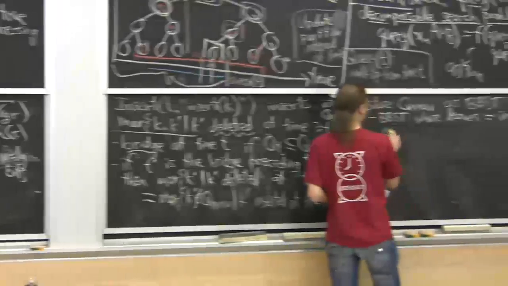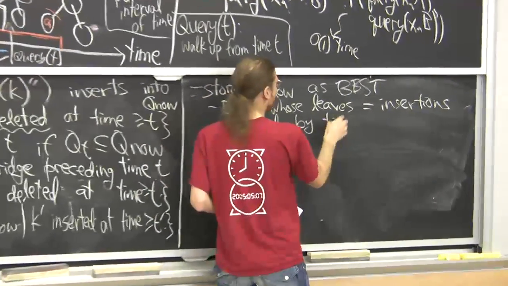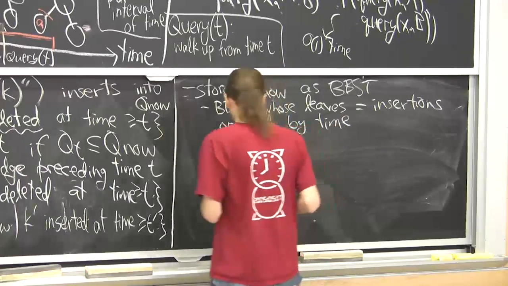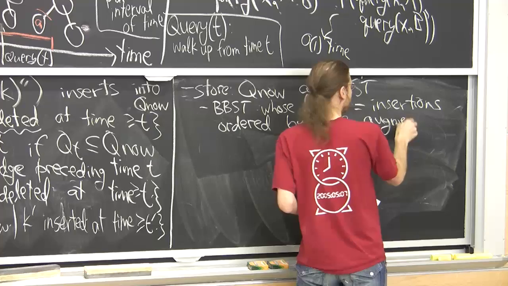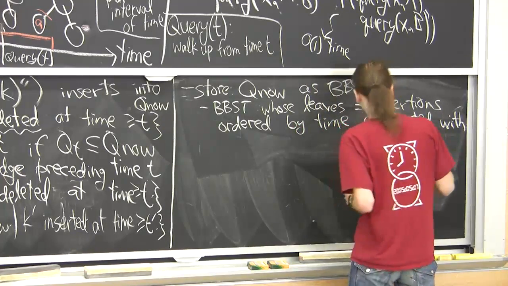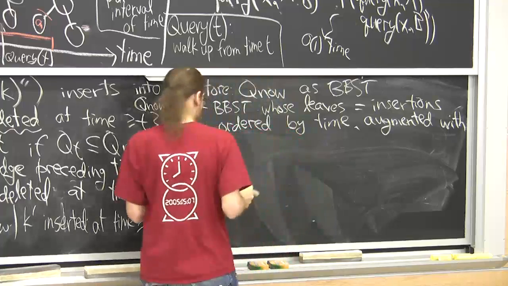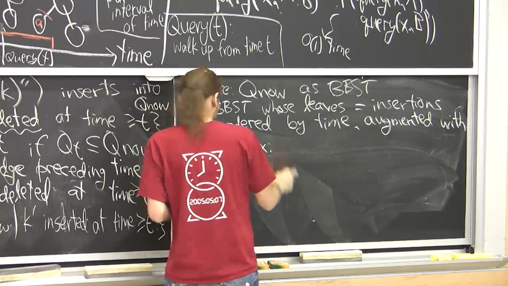And they are going to be sorted by time, not by key value. And I'm going to augment that balanced binary search tree with a fun value for every node in the balanced binary search tree.